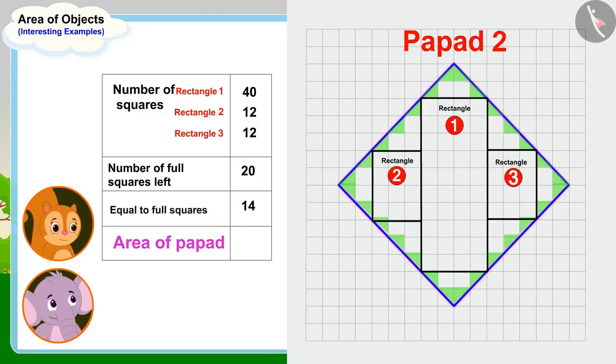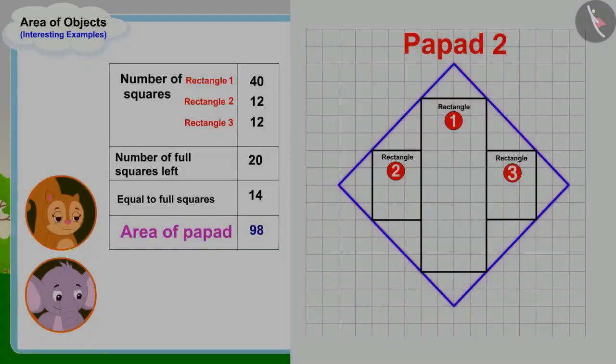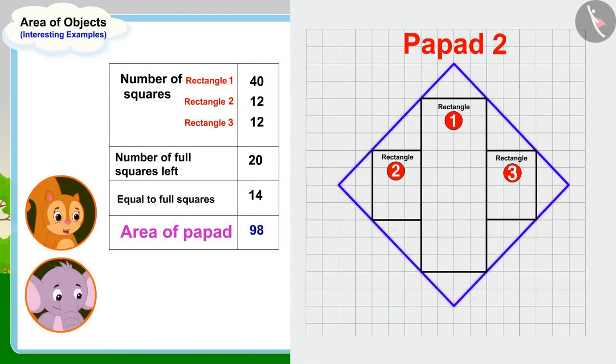In the end, Chanda used addition in this way and wrote down the total number of squares covered by this papad, 98. Appu, the area of this papad is 98 square centimeters.